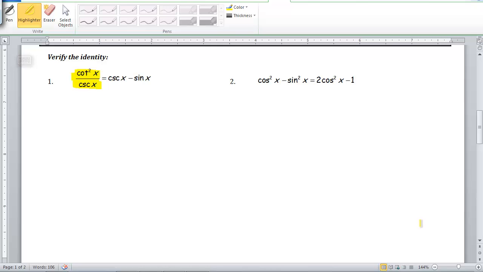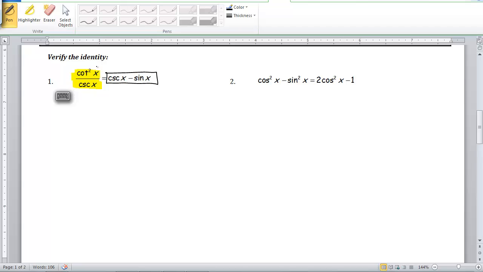So when I look at cotangent squared divided by cosecant, I see that that's a fraction, and what I'm trying to get to is not a fraction, and actually it's not even one term, it's 2 terms. Whenever I'm trying to make one term 2 terms, I'm thinking of my Pythagorean identities. That means I want to look at something that might be a squared term that I could make into the other 2 terms that the Pythagorean identity would equal.